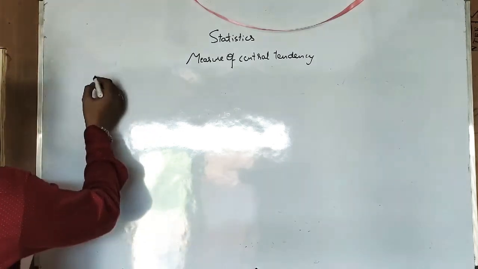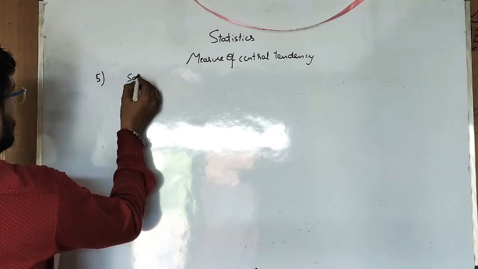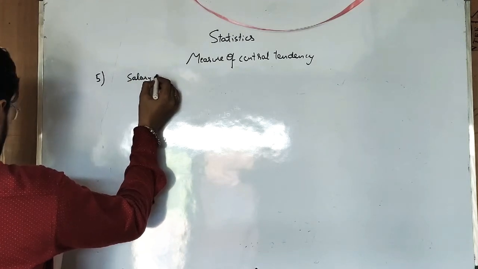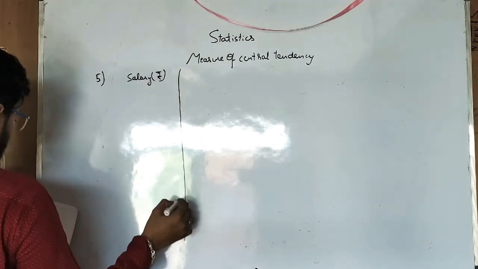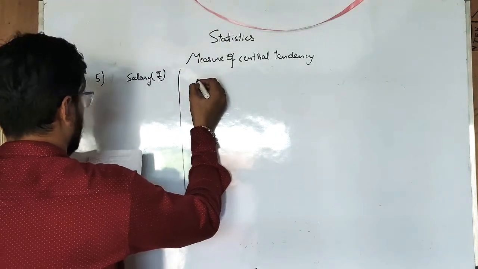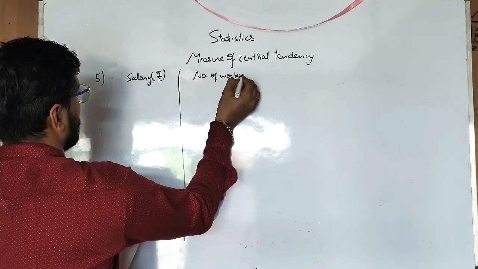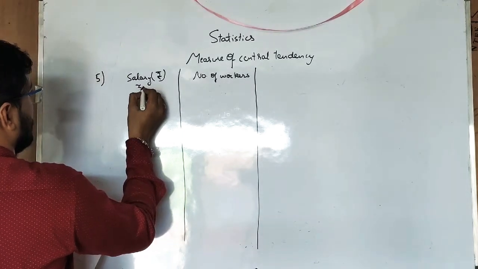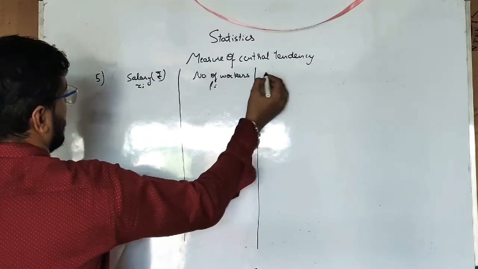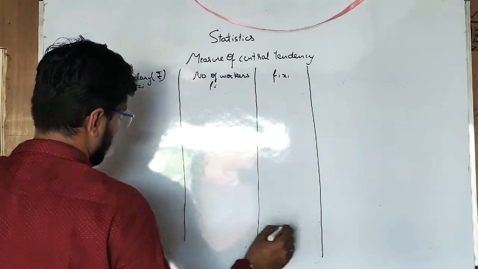So in question number 5, we have salary in rupees, number of workers, let it be xi, this be fi, and fi xi, third column, right?